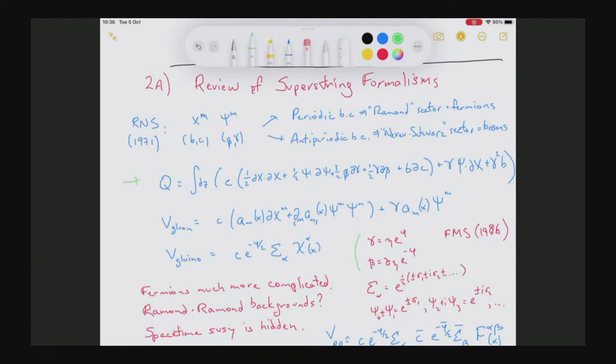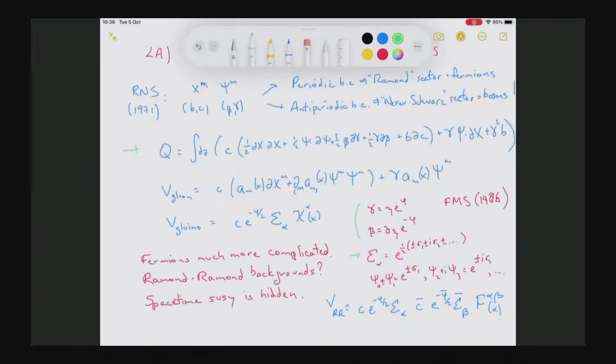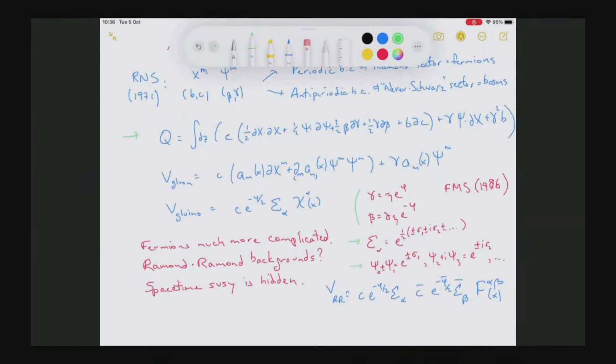And then the spin field here, which is a space-time spinor, you can explicitly construct by bosonizing the 10 psi's into 5: you split them up into 5 complex pairs, and then you bosonize them.